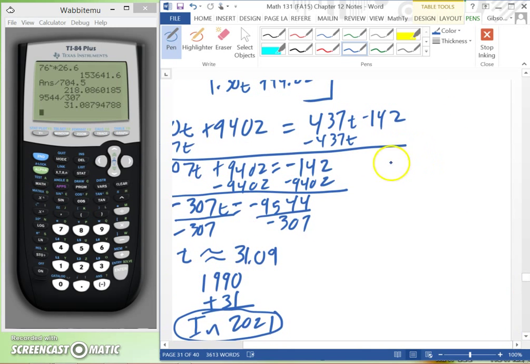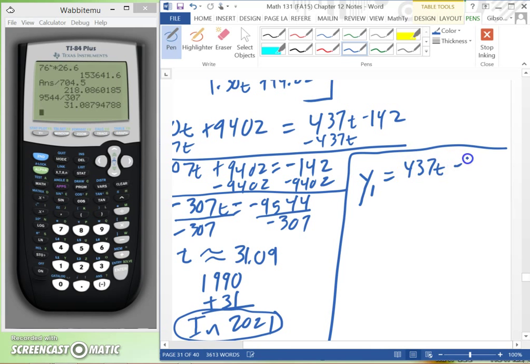I'm basically going to take out a little box here. So first of all, your y sub 1 would be 437T minus 142 all over 1.30T plus 94.02.